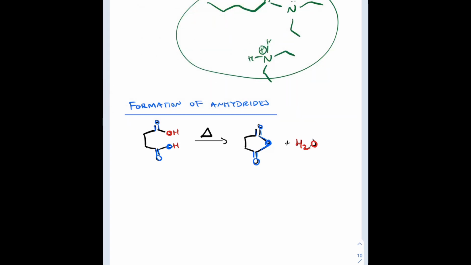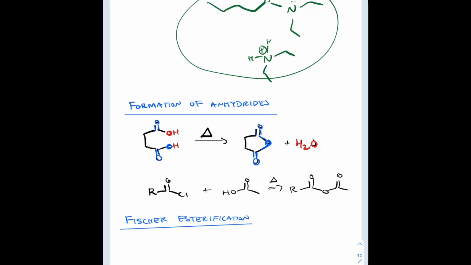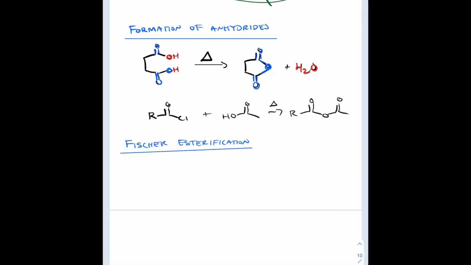That's why it's called an anhydride, because it's dehydrated and it lost water. The acid chloride route is also another one that we can use to make anhydrides. We already went over the reactions of those anhydrides, so we're pretty much done with those.